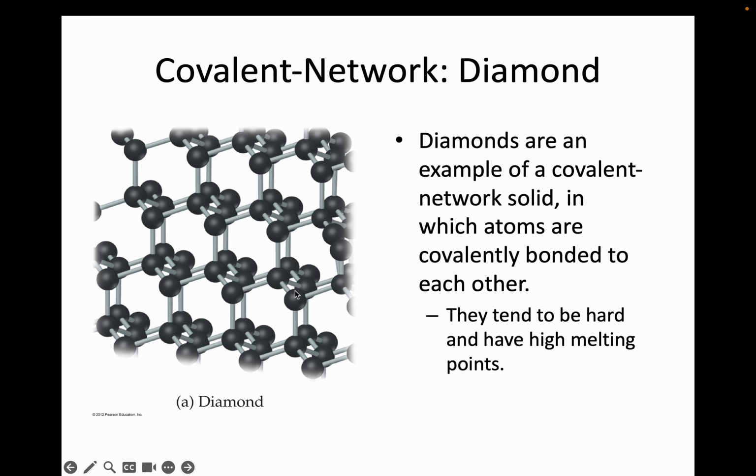But now, instead of terminating with a discrete molecule, they run continuously from one atom to the next to the next. So those strong covalent bonds are now a network that runs throughout the solid instead of having discrete molecules. That's what a diamond has. They tend to be quite hard and have high melting points.